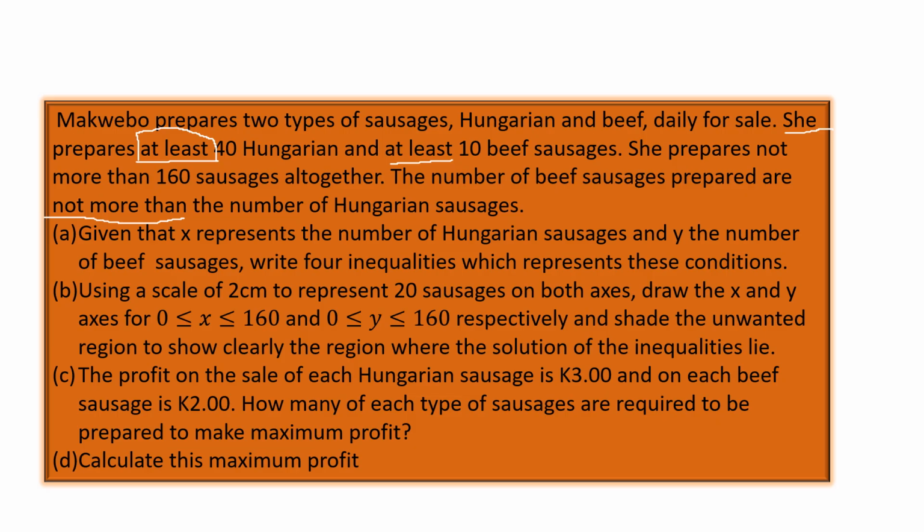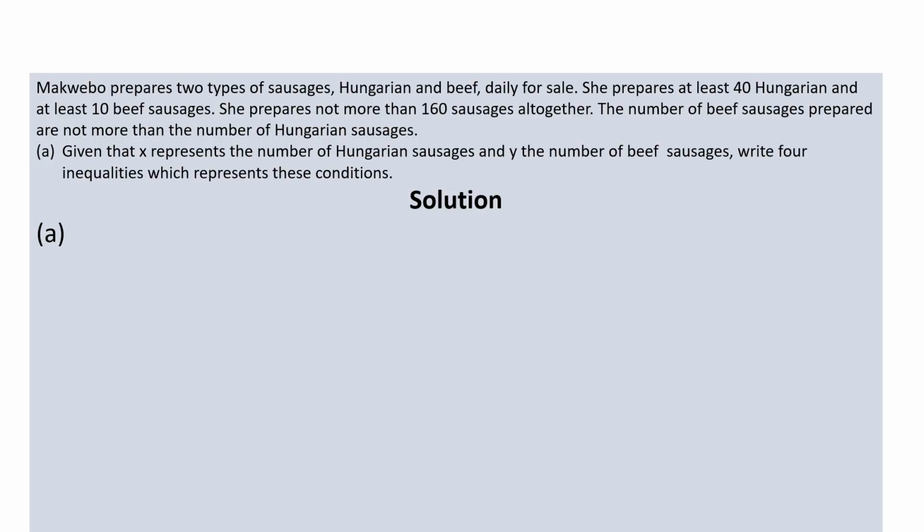So let's go to the next question and see how we are going to solve it. Let's answer question A. We're saying given that X represents the number of Hungarian sausages and Y the number of beef sausages.